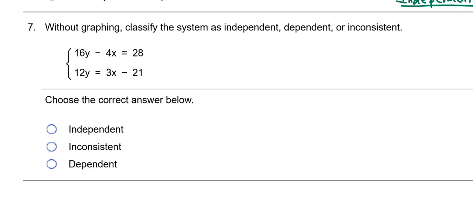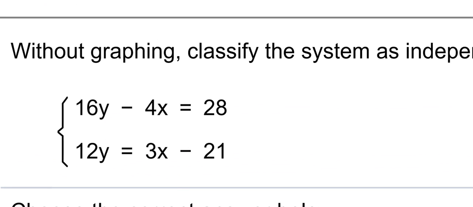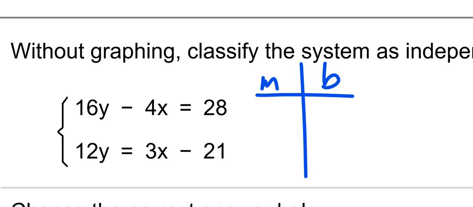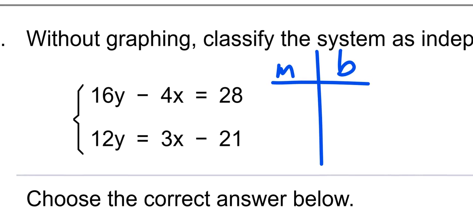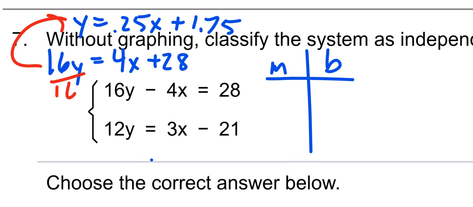Okay, folks, without graphing, I need you to find the slope and the y-intercept. Go. Put it in your notes right now. Come on, we're on the next question, which is question 7. Find the slope and the y-intercept. I don't care if you use fractions or decimals. It's up to you. So if you divide it out to 16.